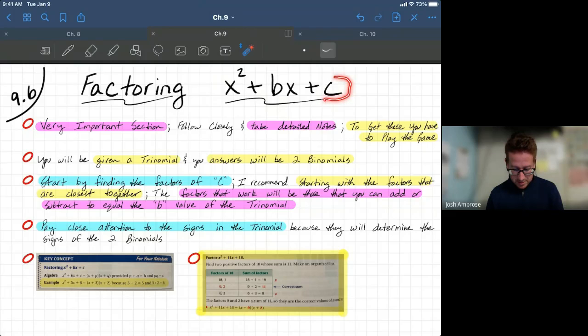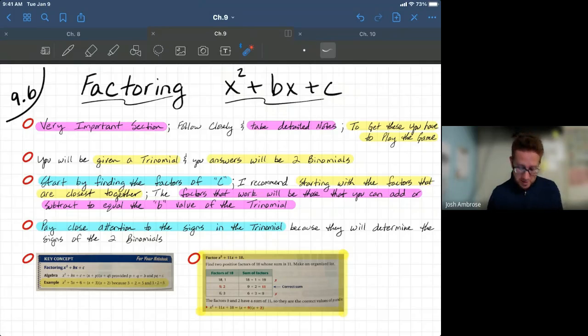C is the constant. It will always be the 3rd term. B is the coefficient of x. B is always in the 2nd term. And then the x squared for us is the 1st term. Okay, put it all together, 3 terms, trinomial.